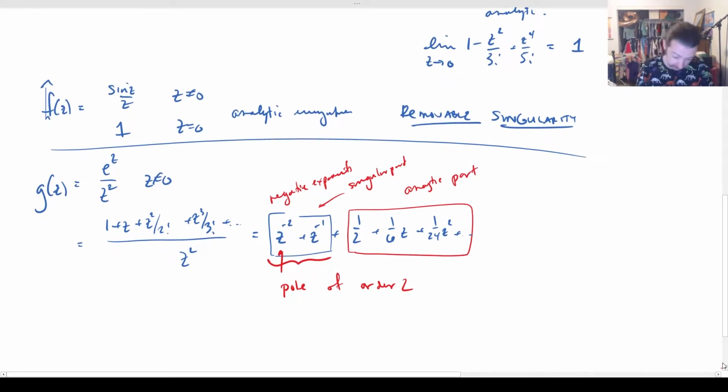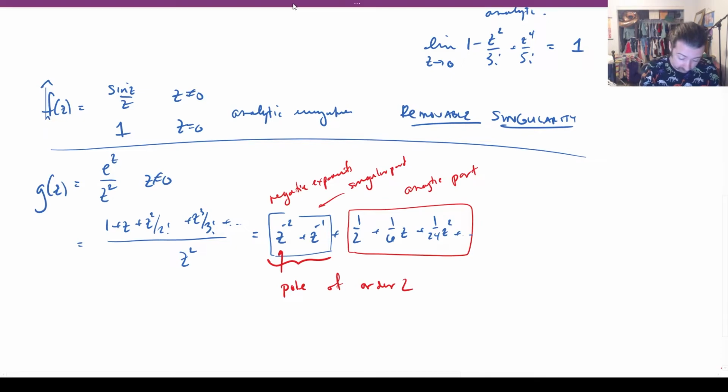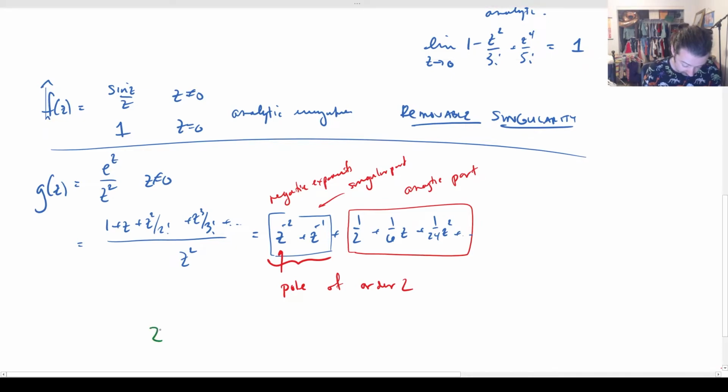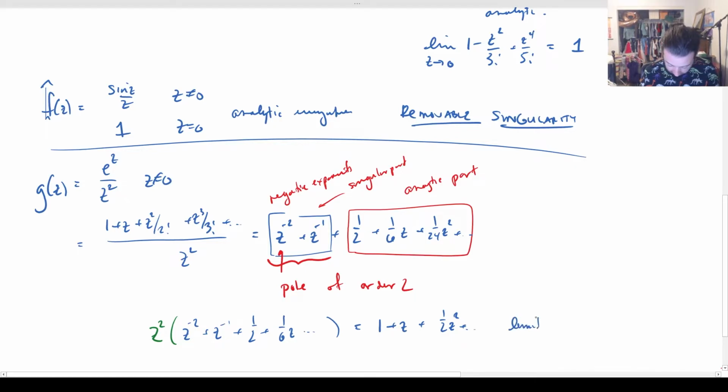Another thing to notice is that if you took this function and multiplied it by z squared, so z squared times z to the -2 plus z to the -1 plus 1/2 plus 1/6 of a z, and so on, this is now equal to 1 plus z plus 1/2 of a z squared, and so on. So this limit exists as z goes to 0.